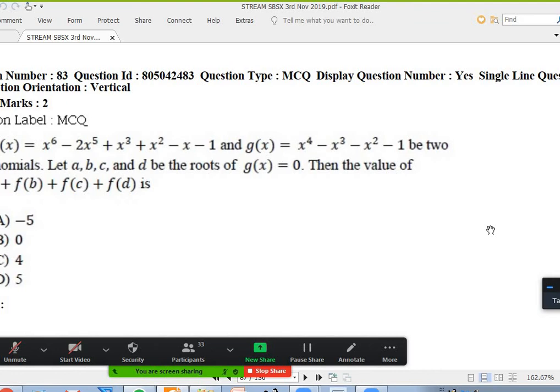And I know g of a, g of b, g of c, and g of d are all 0 because a, b, c, d are roots of g of x. First of all, I want to use the division algorithm. Take x power 6 minus 2x power 5 plus x cube plus x square minus x minus 1 and divide by x power 4 minus x cube minus x square minus 1.